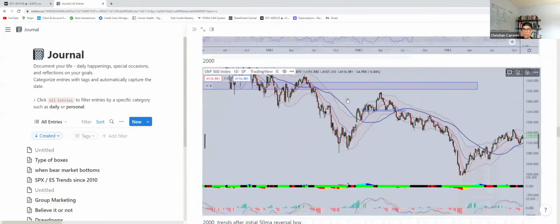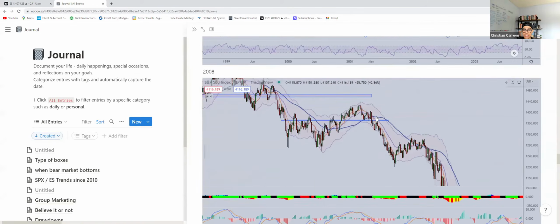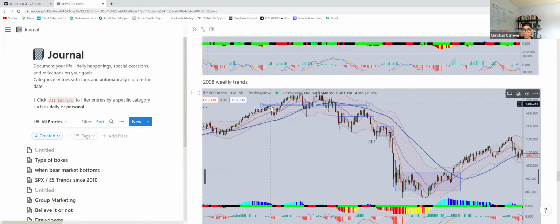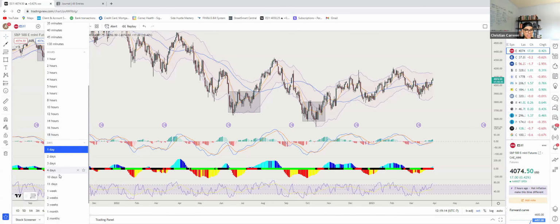You see the pattern here? 2000. Here's the weekly. We broke the previous swing highs, had a downtrend. We bounced into what? The weekly 50 MA. And let's go to 2000. Again, we pierced the weekly swing highs, had a downtrend, went into where? Weekly 50 MA.